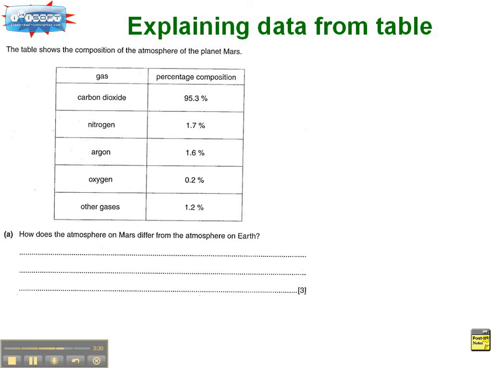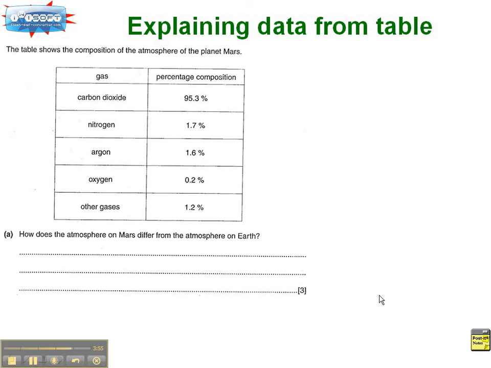Explaining data from the table, same thing. How does the atmosphere on Mars differ from the atmosphere on Earth? A lot of students will say, oh, on Earth the percentage composition of carbon dioxide is 0.03%, on Mars it is 95.3%. Nitrogen on Earth is 78%, on Mars it is 1.7%, blah blah blah.